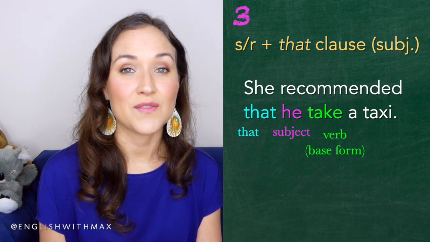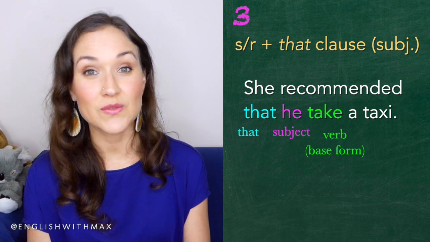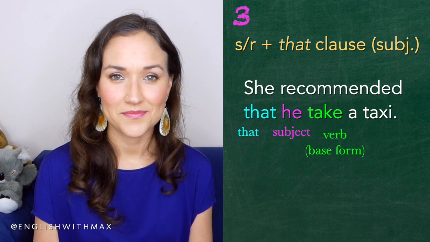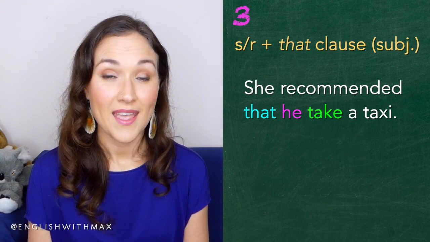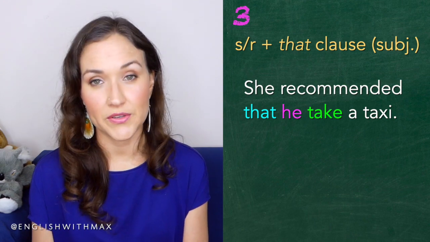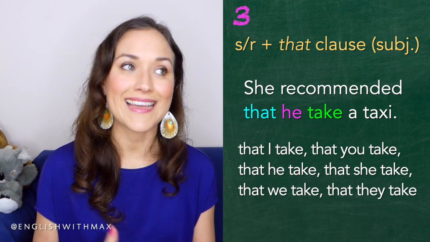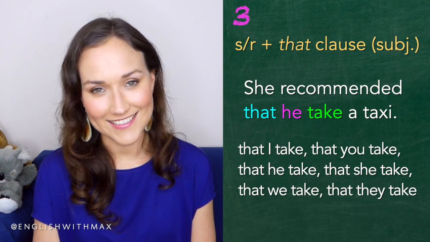Even though it's after he, it's not takes. And even though this sentence is in the past, it's not took. Like I said, we use the base form, take. And it's the same for all the persons. That I take, that you take, that he take, that she take, that we take, that they take.